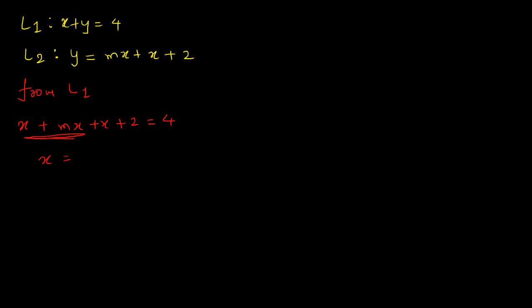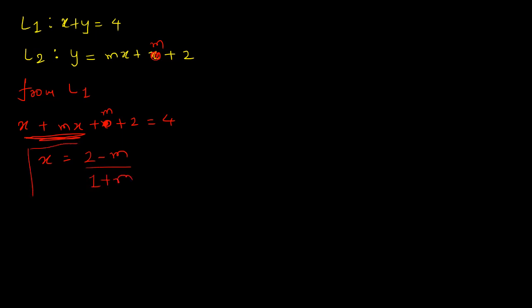Take x common from this step. Sorry, this is not x, this is m. This is m. mx plus m. Take x common from these two terms and simplify this term. You will get 2 minus m upon m plus 1, or 1 plus m.